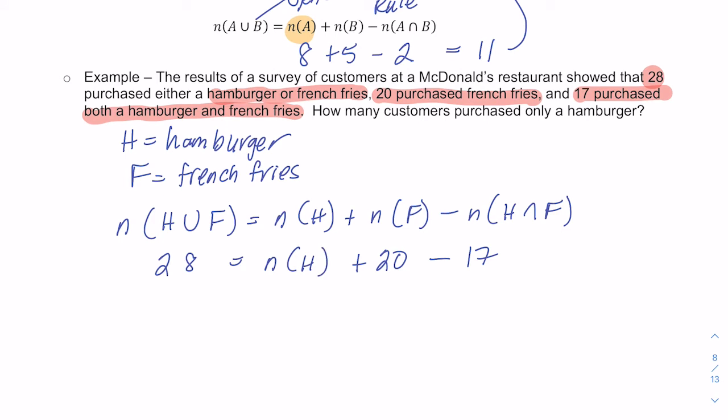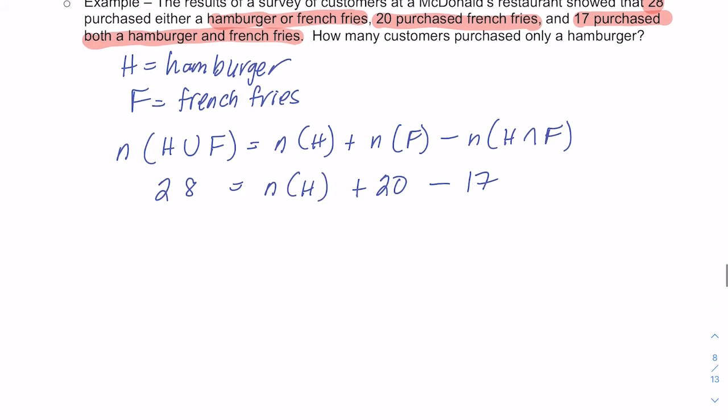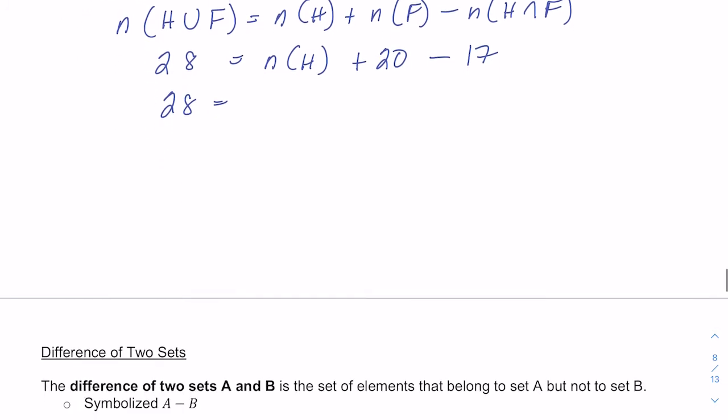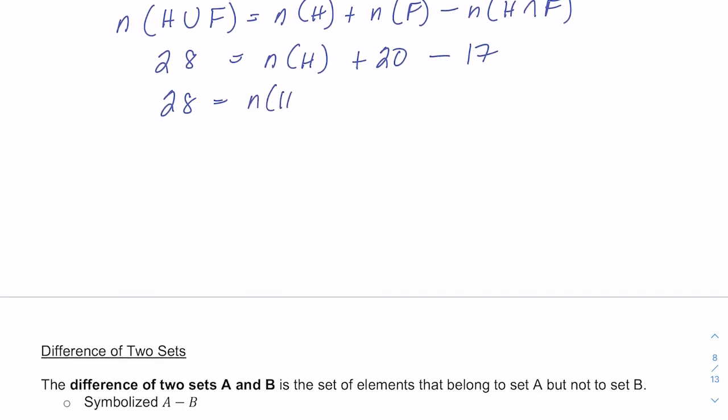And I'm looking for N of H. So using a little algebra, I'm going to solve this for the number of people who ordered just a hamburger. So I've got N of H plus 3, if I combine the 20 and the 17. And then I'm going to subtract 3 from both sides, and I get 25. So 25 customers purchased only a hamburger.